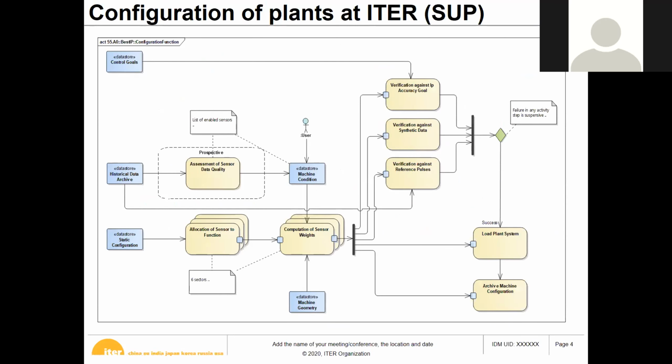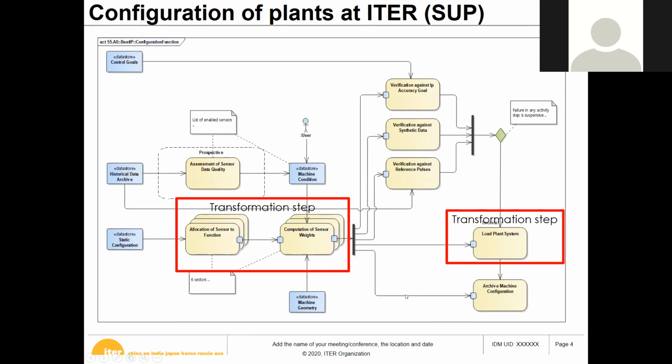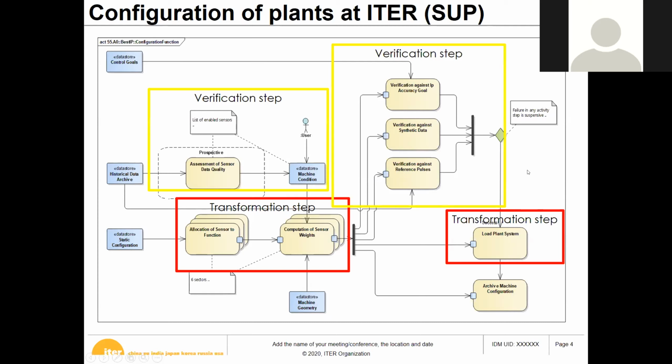Now, on this slide, as I said, the configuration of the magnetic diagnostic, for instance, is done through SUP. And this is through a chain of steps arranged in a workflow. The steps can be transformation steps, taking data from sources and then crunching them down, for example, from floating point to fixed point for use in FPGAs and this kind of stuff. Or they can be verification steps.